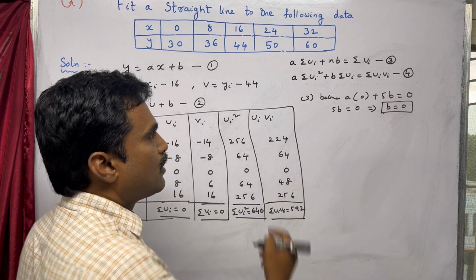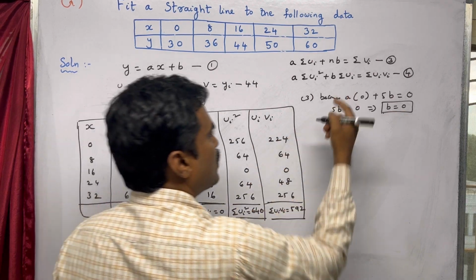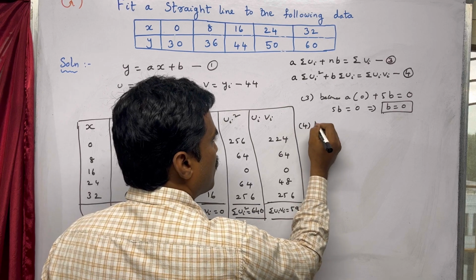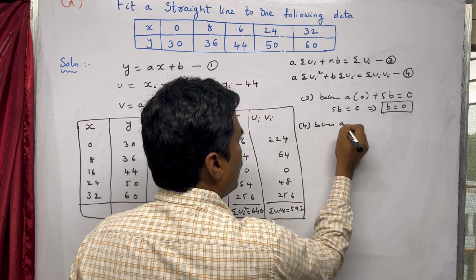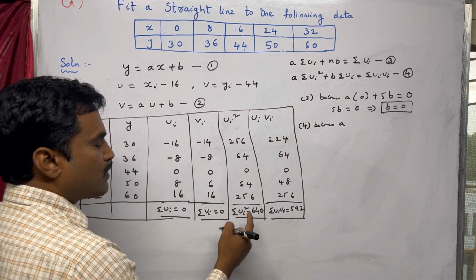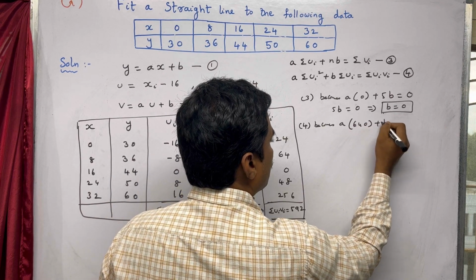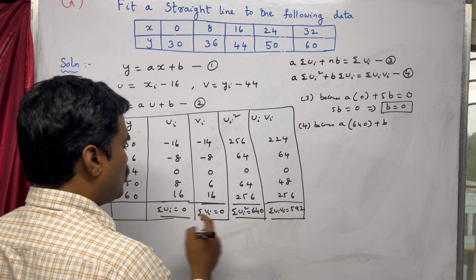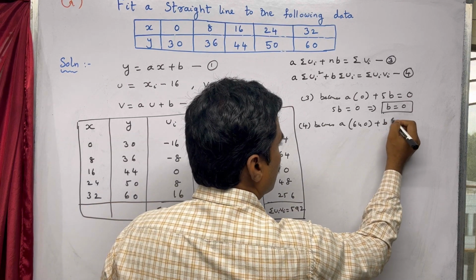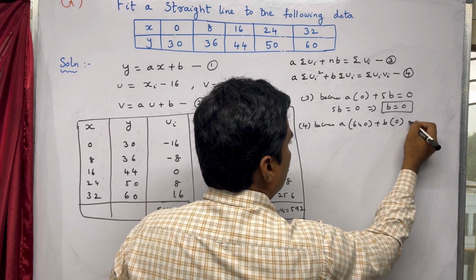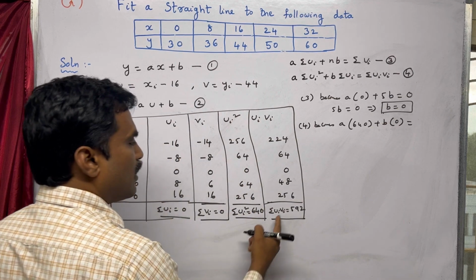And the next, again substitute all these table values in equation number 4. So equation 4 becomes, A into sigma ui square. What is sigma ui square? That is 640 plus B into sigma ui, that is 0. So B into 0 equal to, now sigma ui vi, that is also 592.